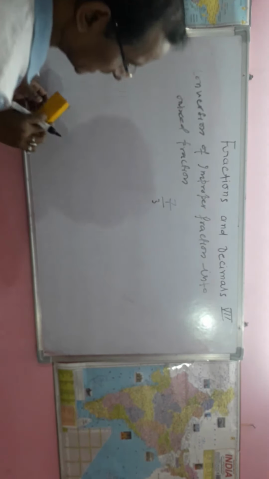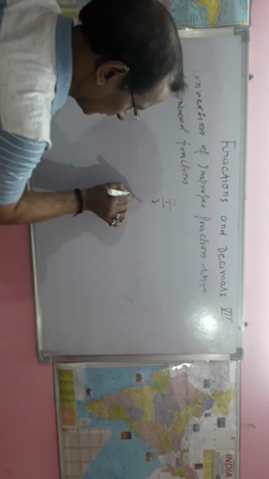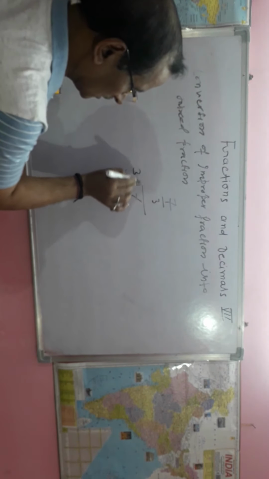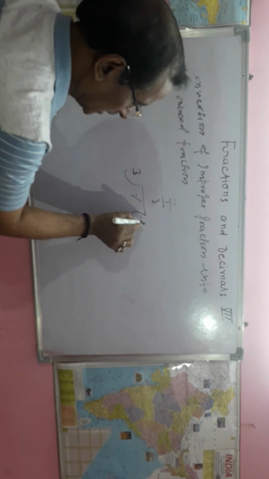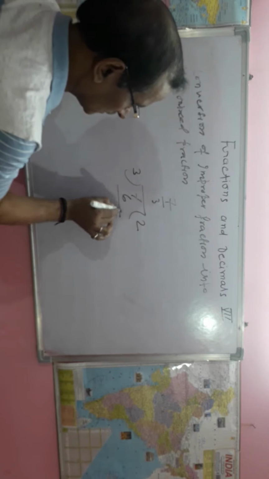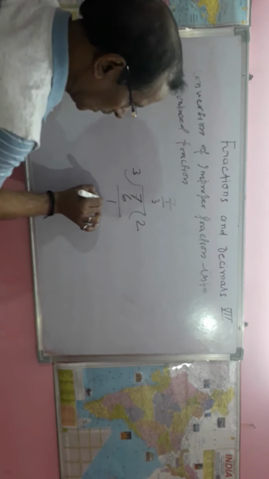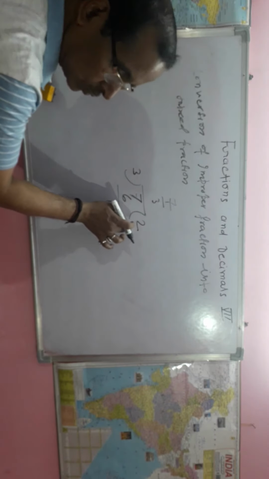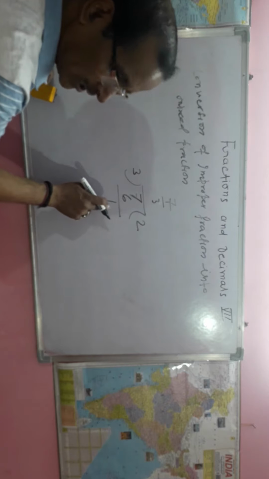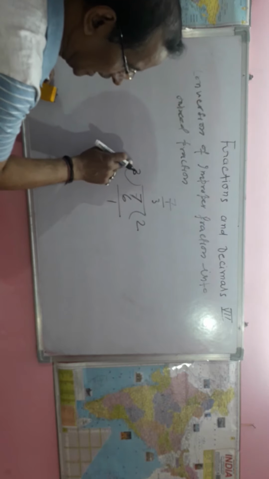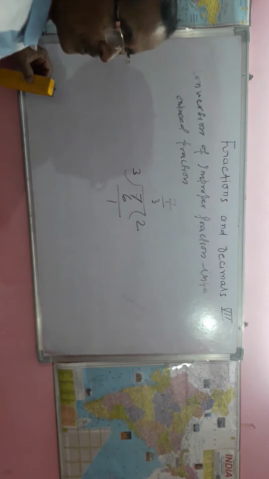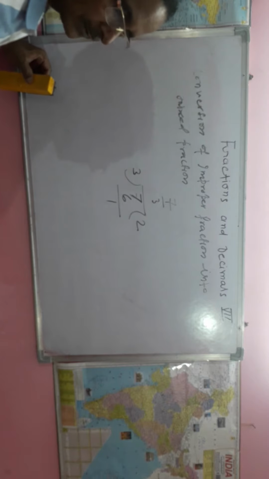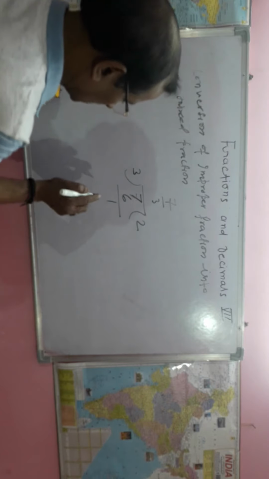We divide 7 by 3, then we get 2 as the quotient, and 1 is left as the remainder. Then 2 is the whole, 1 is the remainder and 3 is the denominator.